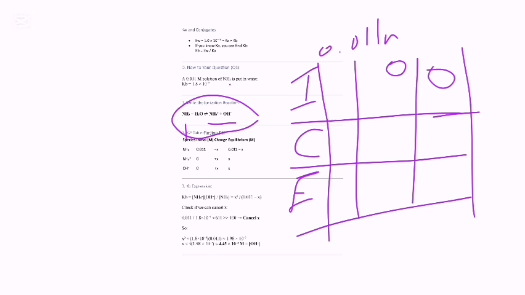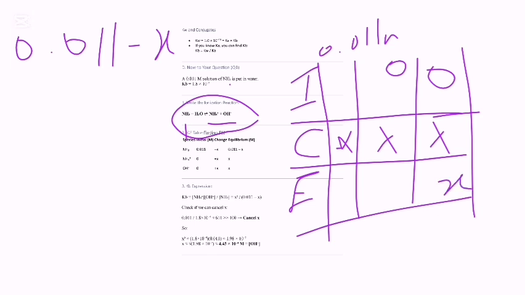So the change will be x, x. So much we will subtract, which is 0.011 minus x. That will be at the equilibrium. So here will be our x, and here will be our x.